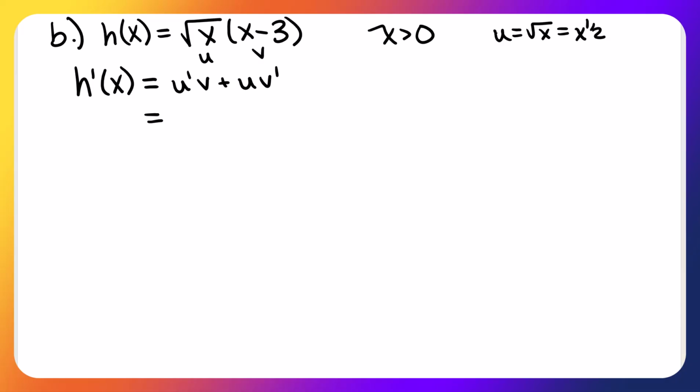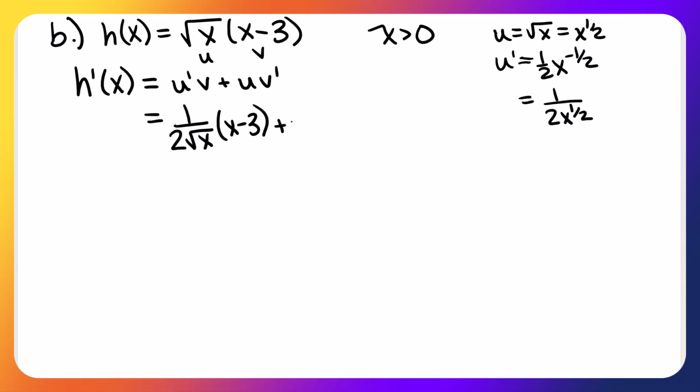We bring our power down to the front, so that gives me 1/2, and then we subtract 1 from our exponent, so a power of negative 1/2, which remember is the same thing as a power of a positive 1/2 in the denominator, or a square root. So I'm going to write that as 1 over 2 times the square root of x. I leave v the same, so that's x minus 3, and then plus u, so the square root of x, times v prime, which would just be 1.